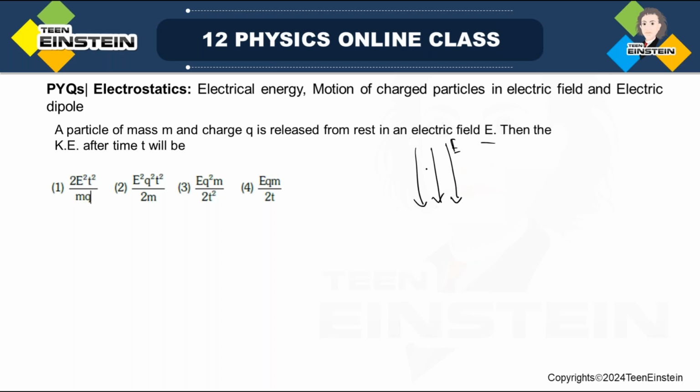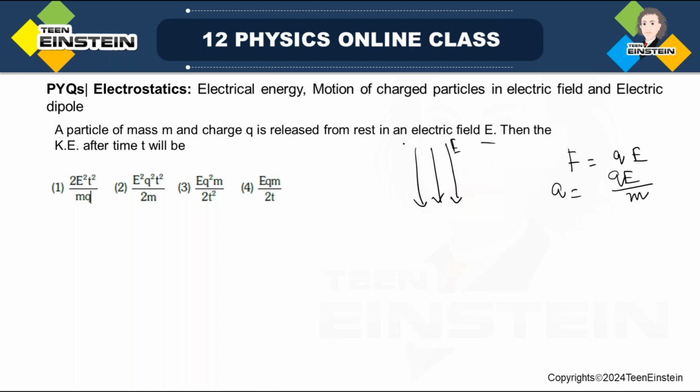So what we have to do, I have a charge. The force on the charged particle will be q into the electric field. So I'll have some acceleration because it is a positive charge, so qE by m.